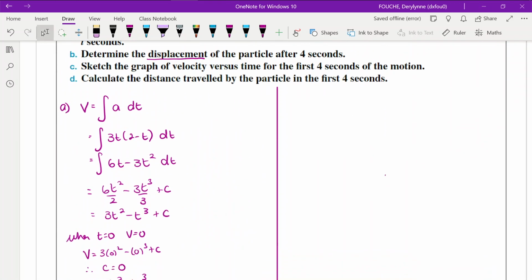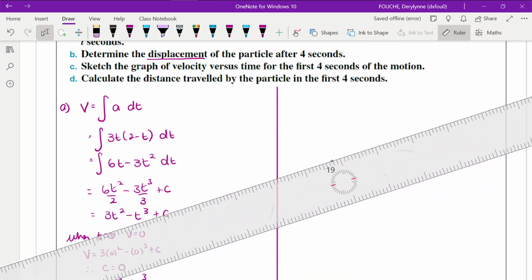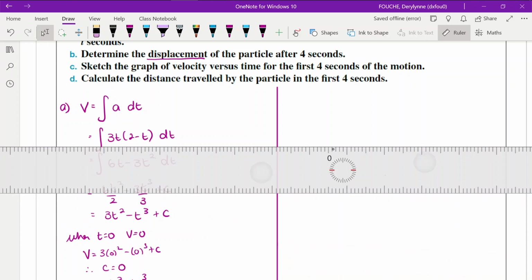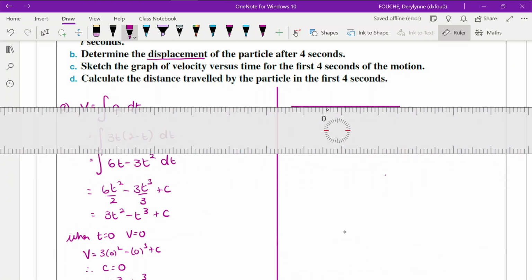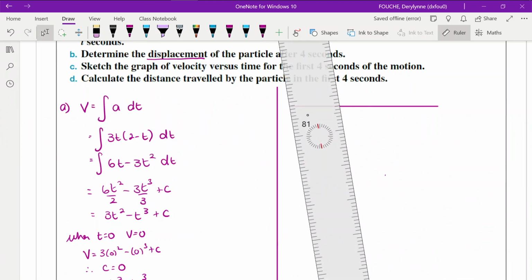Alright, now it says sketch the graph of velocity versus time for the first 4 seconds of the motion. Now, this velocity curve, it's a cubic. We're only interested in part of it. The easiest way is probably to just draw a little table of values with a few significant points, and that'll give you a good idea.